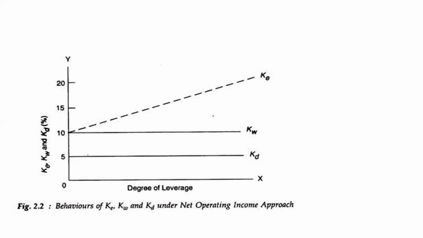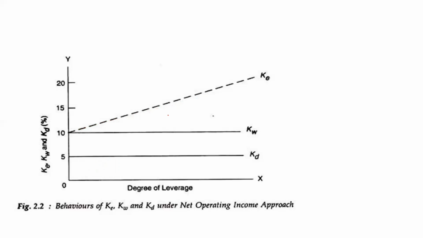So whatever benefit you shall get with the cheaper cost use of a debenture, that shall completely be offset with the loss you shall bear with the increased cost of equity capital.